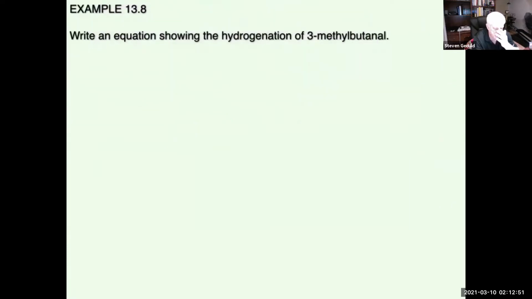Hydrogenation of 3-methylbutanal. So you have to know what methylbutanal looks like. Working backwards, we know that's an aldehyde, so we know our carbonyl group is on the very beginning or the very end when we write the compound out. Butane is 4 carbons, so we have carbon, carbon, carbon, carbon, and this one on the end is our aldehyde.